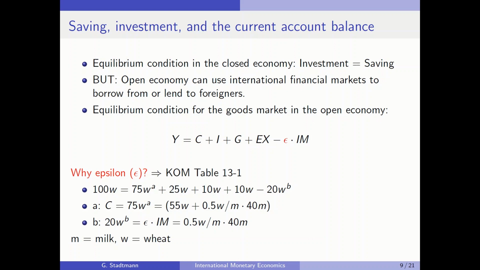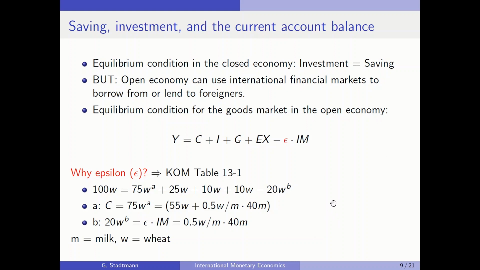So we need the real exchange rate to normalize the import units so that we can compare the value of the import units in the value of the domestic good in units of wheat.